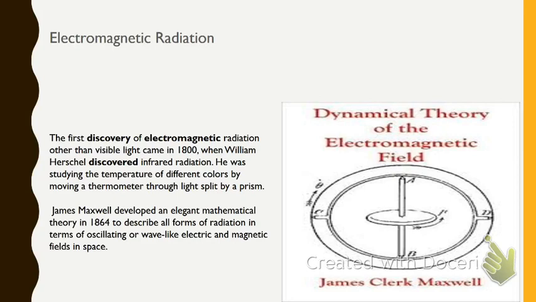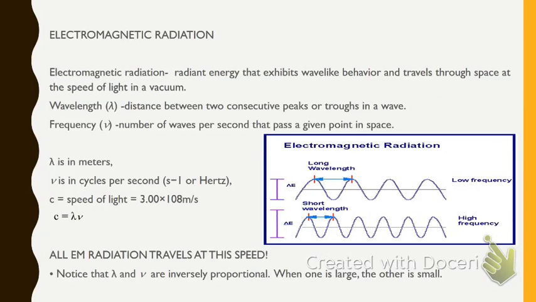So that was when people first started looking at this and deciding what was going on in the world around us. Of course, it's defined as radiant energy that exhibits wave-like behavior as it travels through space at the speed of light in a vacuum.